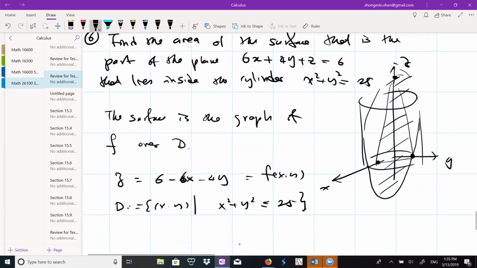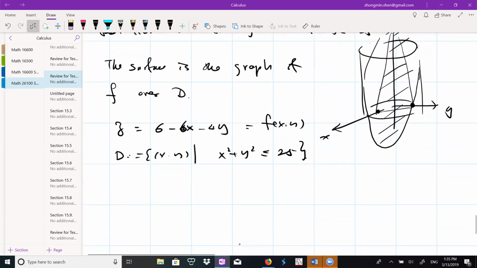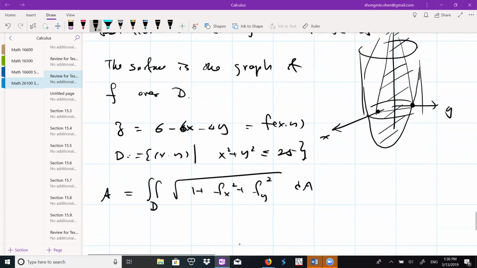So that is the D. Now the area, write down the formula. It's the double integral over D of the square root of 1 plus fx squared plus fy squared dA. You should write down that first, then you do the computation.